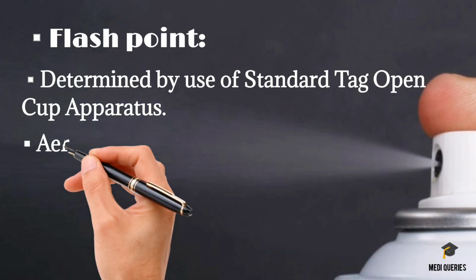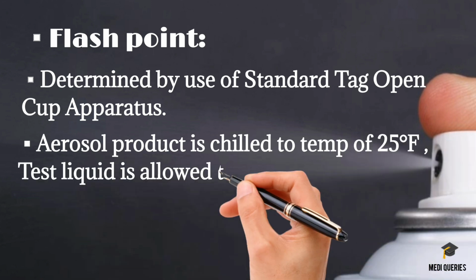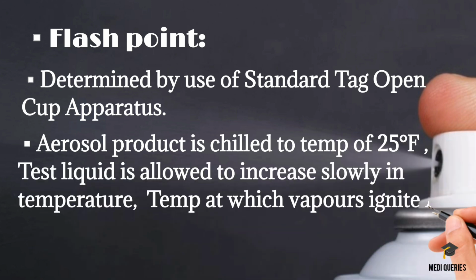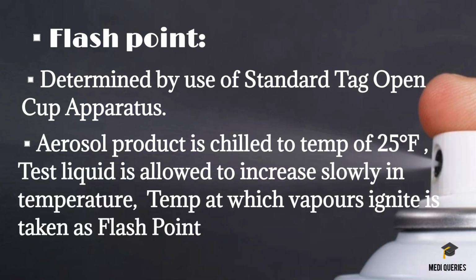flash point determination. This is determined by use of the standard tag open cup apparatus. The aerosol product is chilled to a temperature of about 25 degrees Fahrenheit and transferred to the test apparatus. The test liquid is allowed to increase slowly in temperature, and the temperature at which the vapor ignites is taken as the flash point.